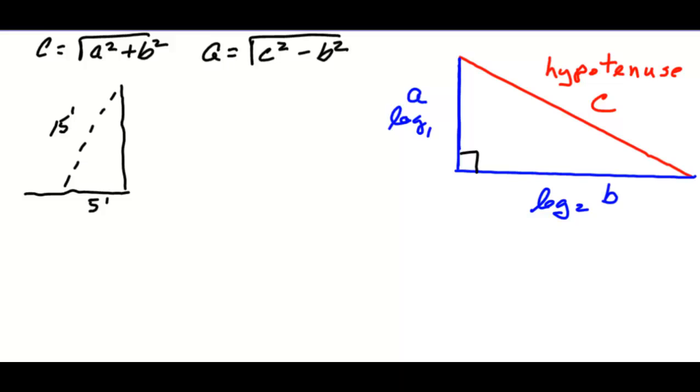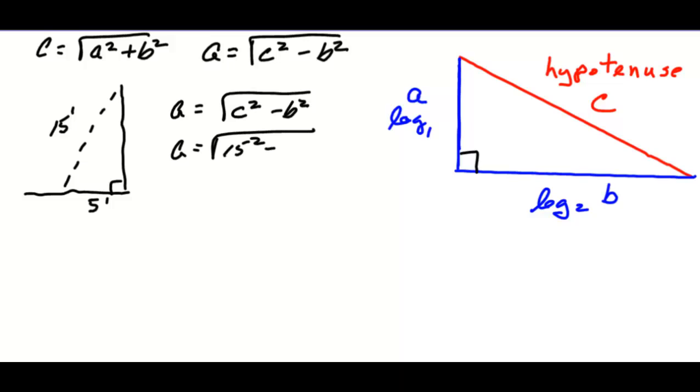Once I draw that, now I know this is our right angle right here, and opposite that right angle is 15. So in solving this, now I have to go to my second formula, which is A equals the square root of C squared minus B squared. And A equals the square root of 15 squared minus 5 squared.